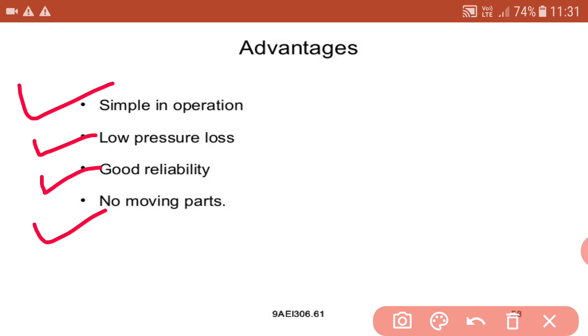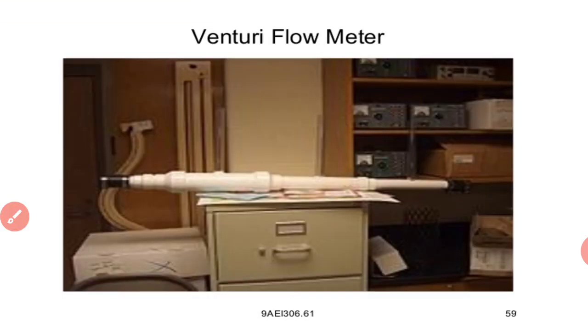It is also used at low and high beta ratios. This is also an advantage. It is more accurate over wide flow ranges than orifice plates or flow nozzles. So these are the advantages of the Venturi tube.